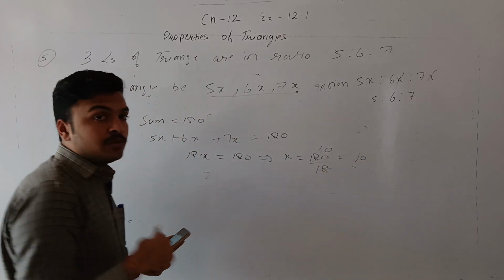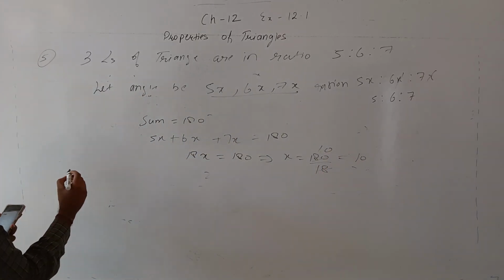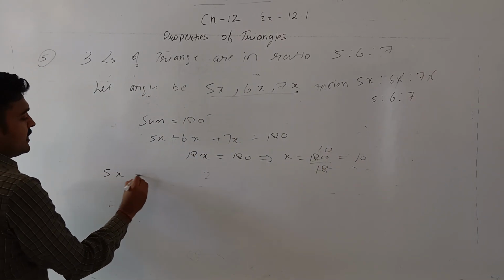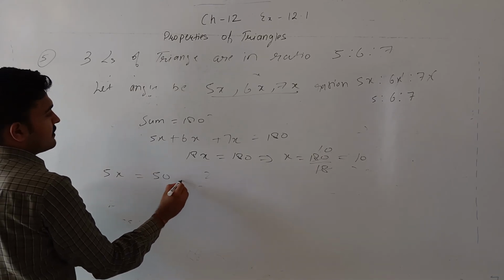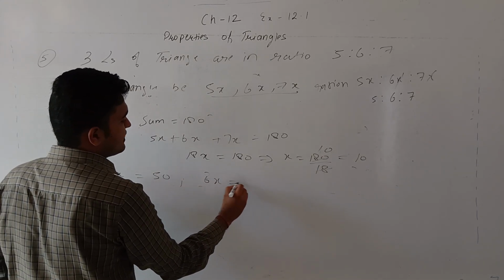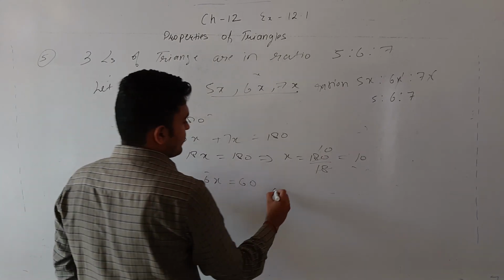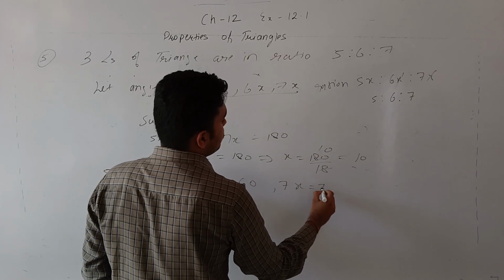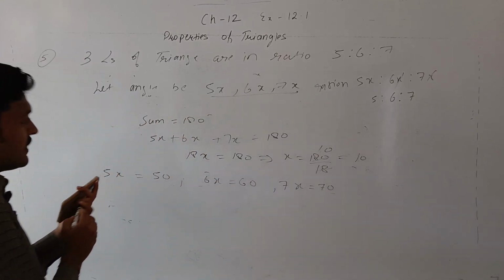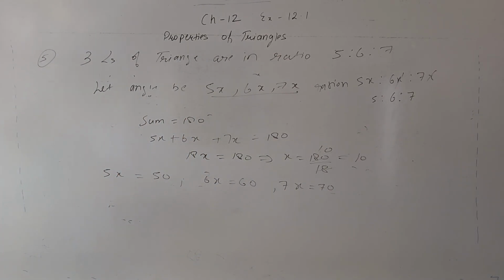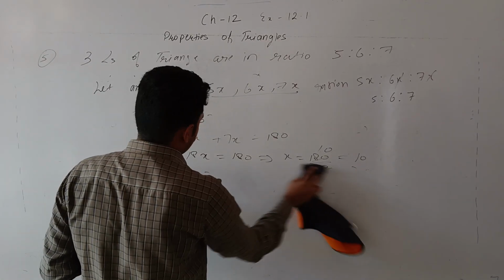So x is equal to 10. So the first angle 5x is equal to 50. Second angle is 6x, equal to 60. And third angle is 7x, which is equal to 70. So these are the 3 angles of the triangle. Now we'll move to the next question.